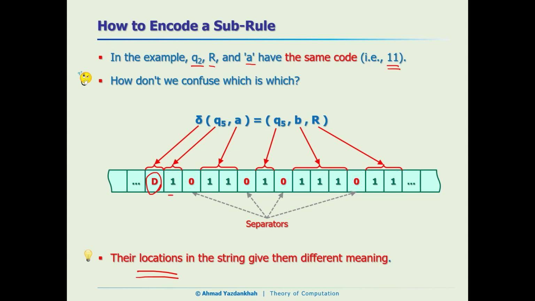After that, I expect to see a code of a queue, which is the current queue. And after that, this 0 is a separator between the Q and this part, where I expect to see a symbol from the alphabet or the gamma.